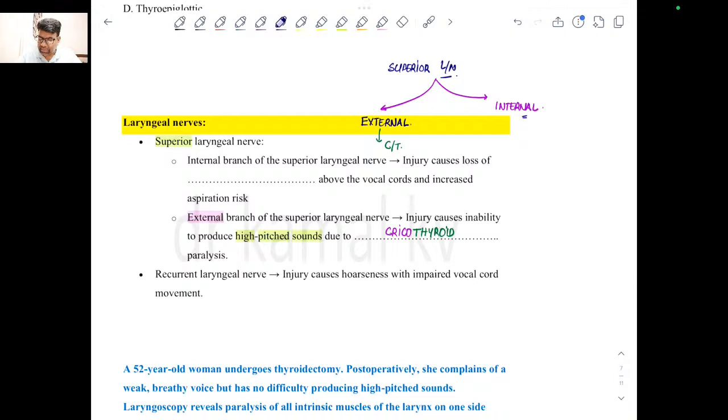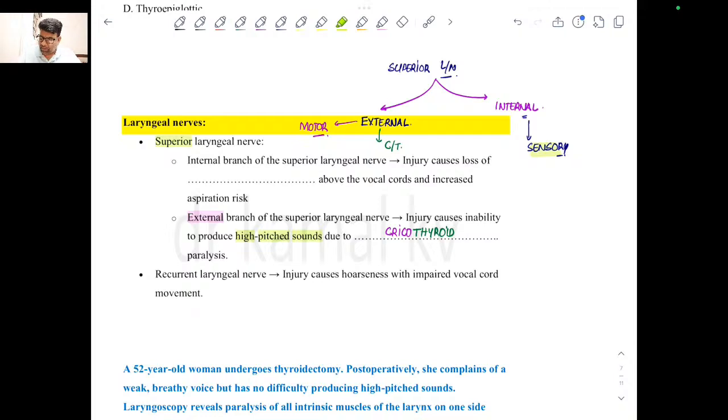And the internal branch is actually sensory. The external one is motor, supplying muscle, but the internal is sensory, giving sensory innervation.